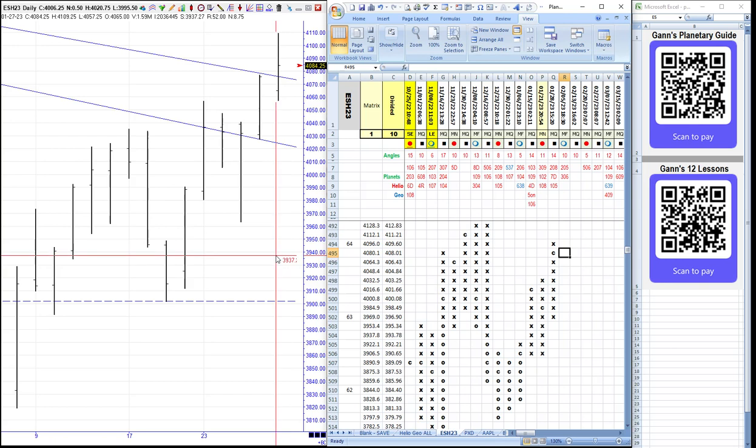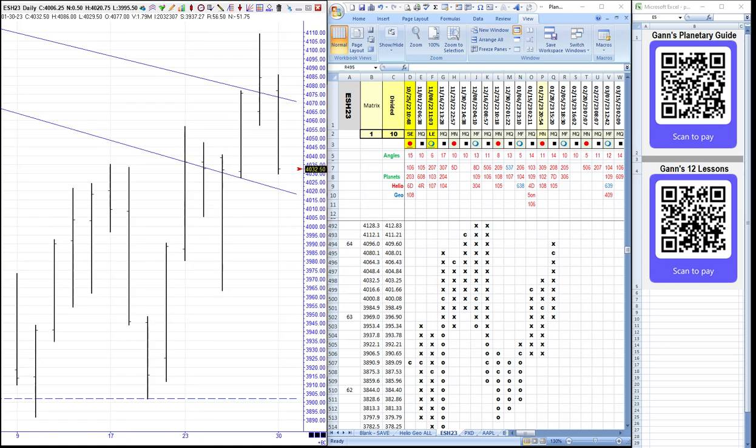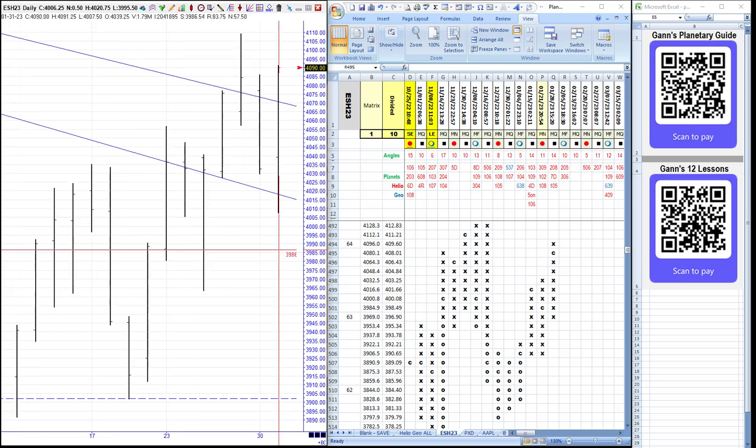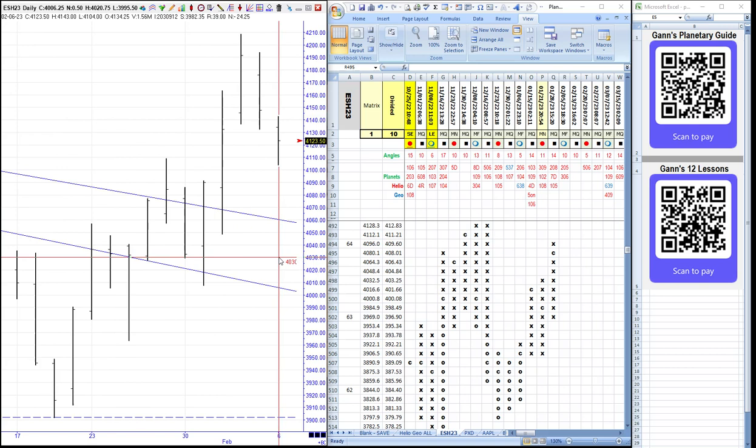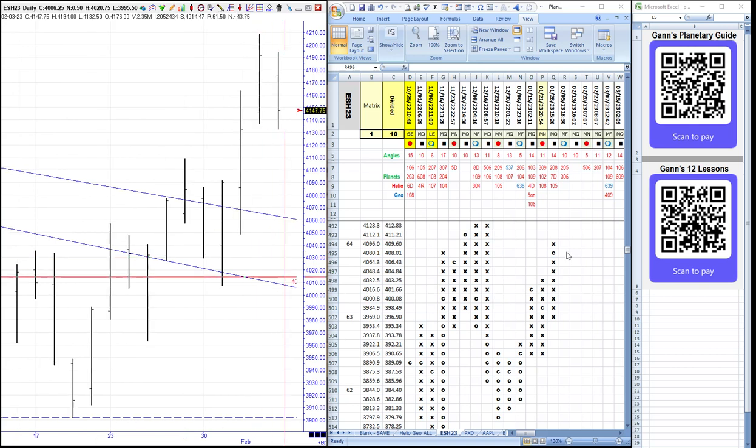The next period, we're getting close to the current here. February 5th. Today is actually the 22nd, just so you know. February 5th is the zone. And again, that fell over the weekend.